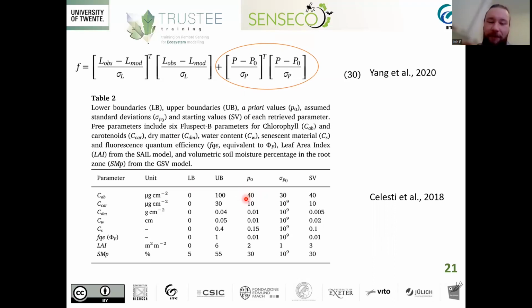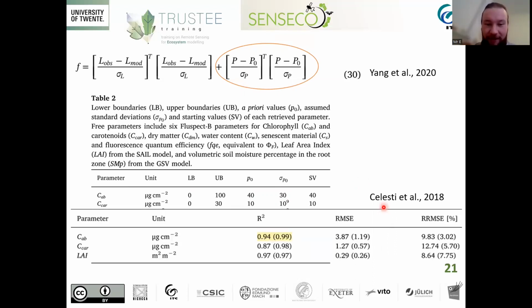Okay, well, it's 40 plus minus this number, the standard deviation. Well, please stay close. This is, I think, the way to achieve peak performance, because that was shown in the work of Marco Celesti, where chlorophyll you retrieve with 0.94, LAI 0.97. Those are absolutely outstanding results.